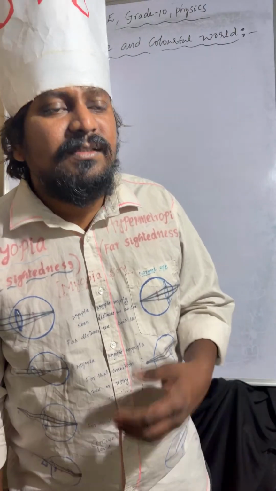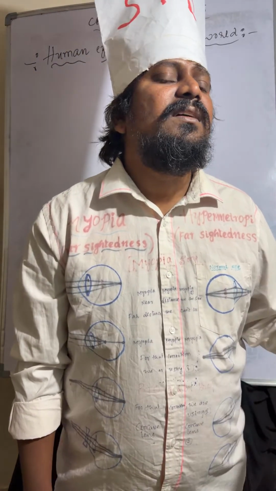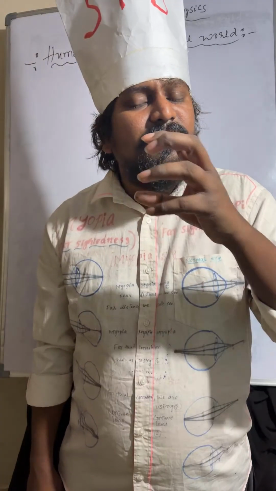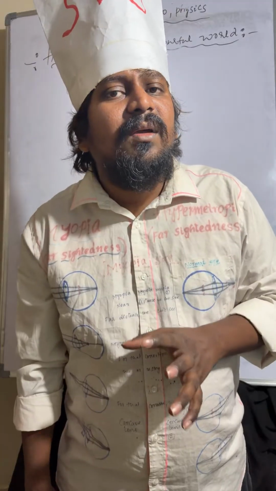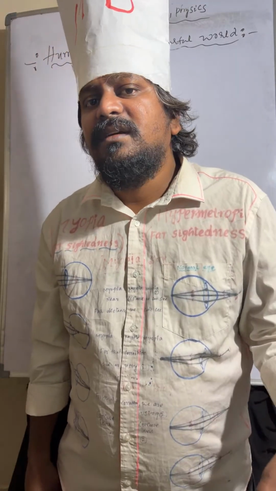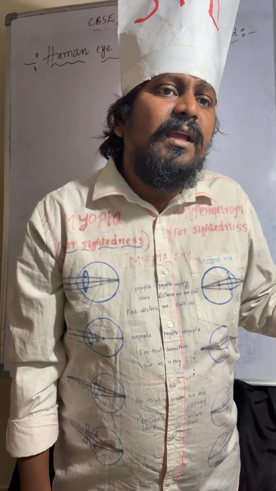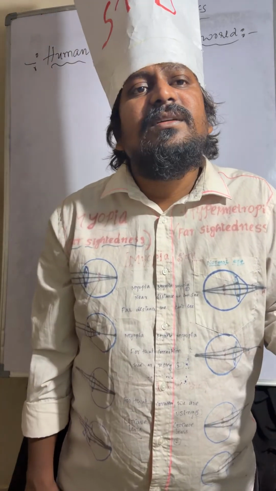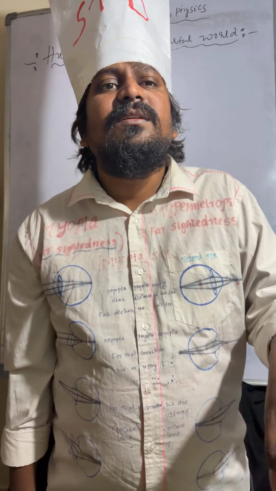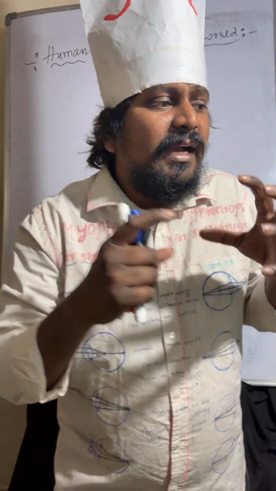we are using a convex lens. Okay, so hypermetropia is nothing but we can see far distance objects, but we can't see near distance objects.